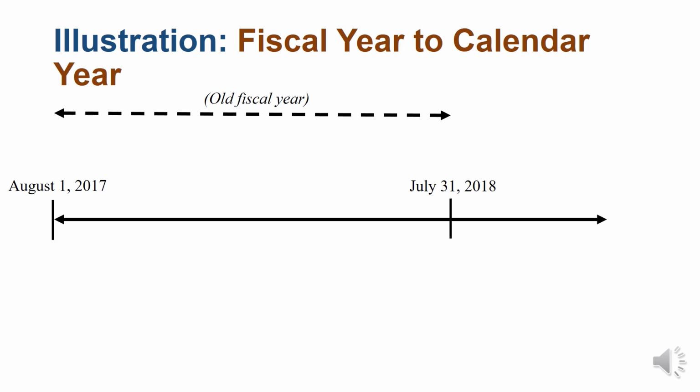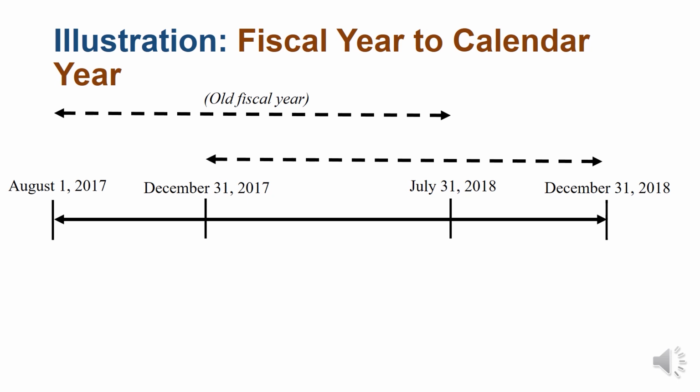When we say calendar year, this begins on January 1, 2018, or in this case, I decided to put December 31, 2017. Anyway, that's the same. So ending December 31, 2018. Okay? So from August 1, 2017 to July 31, 2018, that is one fiscal year. That's the old fiscal year. Whereas from December 31, 2017 to December 31, 2018, that is the new calendar year.